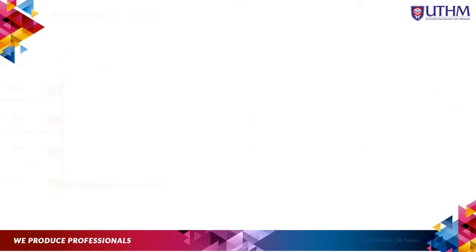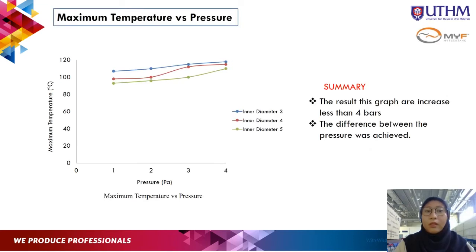Okay, next for the maximum temperature versus pressure. Based on the graph, the maximum temperature increased with the different pressures, which are 1 bar, 2 bar, 3 bar and 4 bar.